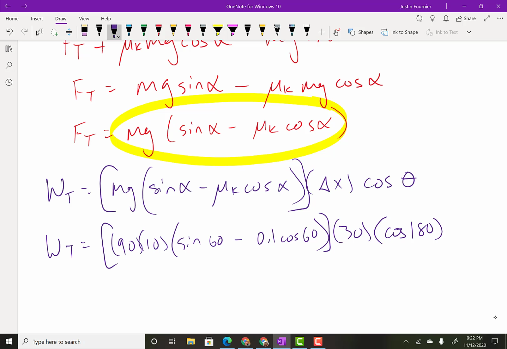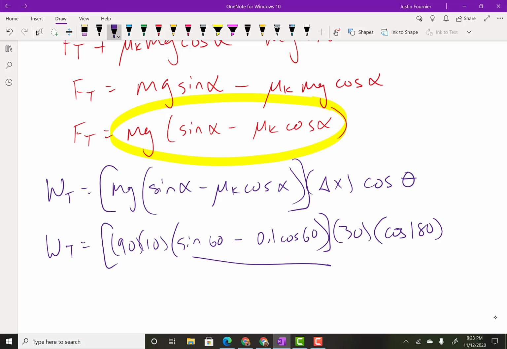I'm going to first calculate what's over here. So I got cosine 60 times 0.1, and then sine 60 minus that. So minus 0.05 is what I got for 0.1 times cosine 60. Multiplied by 90 times 10.